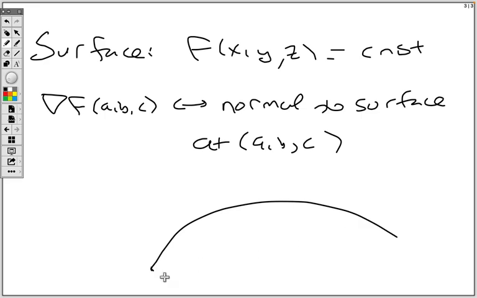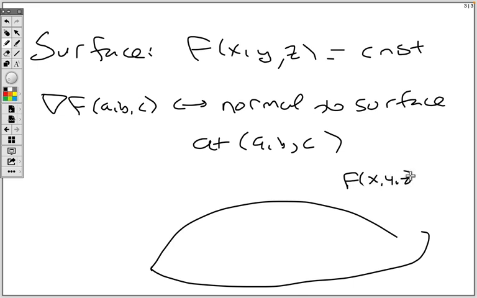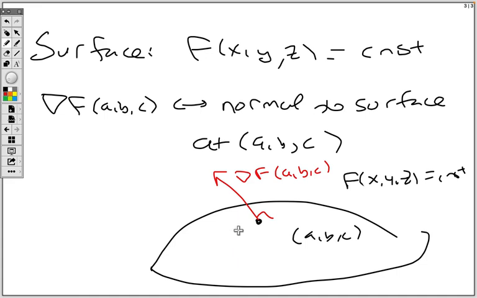So if we've got this surface here, f of x, y, z equal a constant, and I pick a point here, a, b, c, then the gradient is going to be a normal vector. And if I have a normal vector to a surface, that gets me the tangent plane. Okay, so this is another way to get the tangent planes.